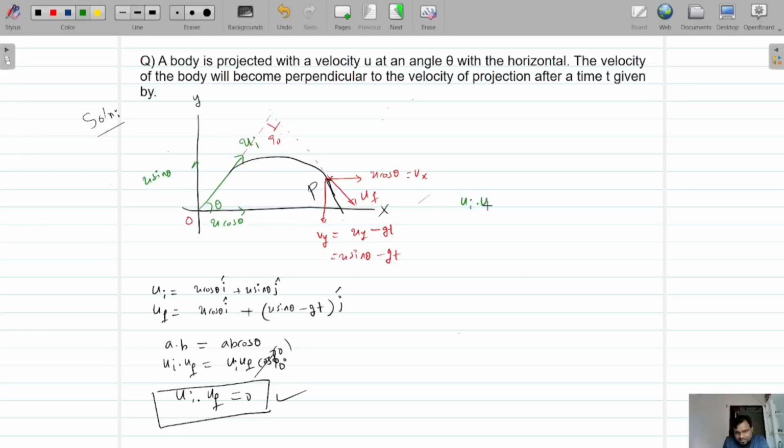u initial dot u final, that is equal to u initial, which is u cos theta i cap plus u sin theta j cap, dot the final velocity vector, which is u cos theta i cap plus (u sin theta minus gt) j cap. Now u initial dot u final becomes 0.